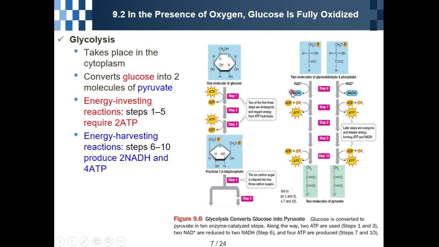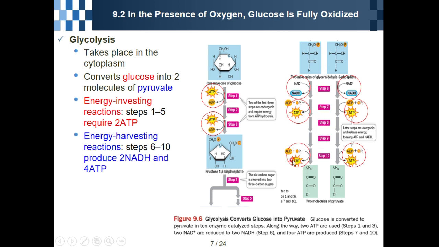During the energy harvesting reaction, 2 molecules of glyceraldehyde 3-phosphate are changed to 2 molecules of pyruvate. During this step, 2 NADH are synthesized, and also 1, 2, 3, 4.